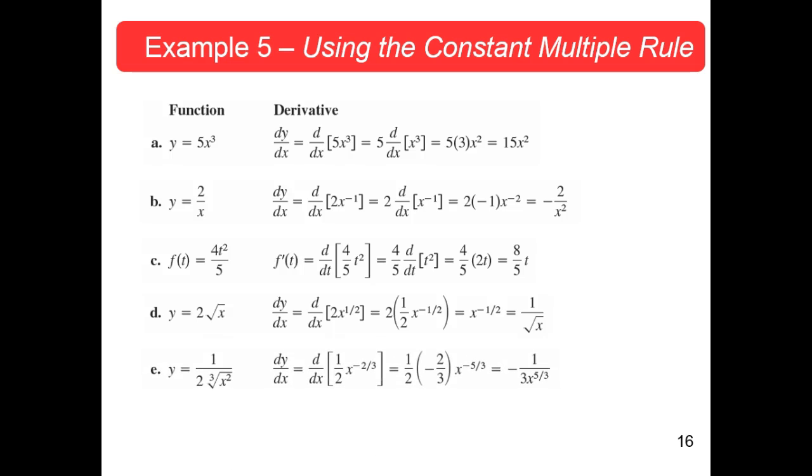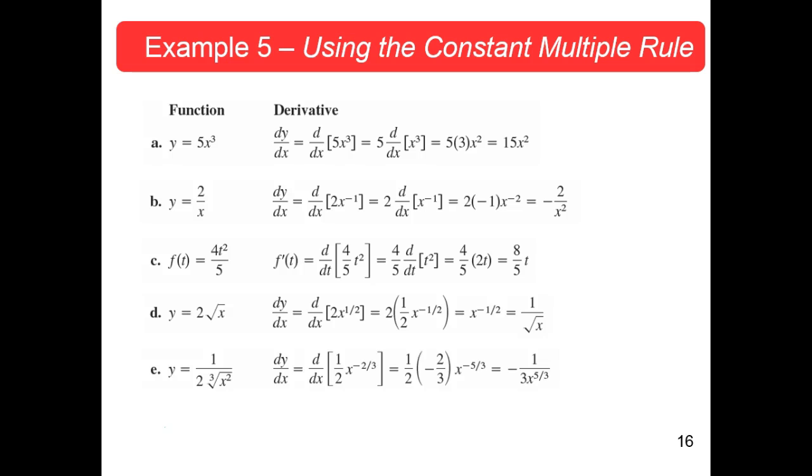Okay. I think there's an E here, so let's see if we can get E. What would be the first thing you'd want to do on that? Rewrite. And how will it rewrite? That one's a little tougher. First, what's your coefficient? 1/2. Okay, so rewrite it as 1/2 times, and now we've got to get that as a power of x.